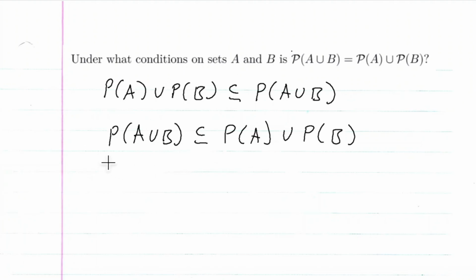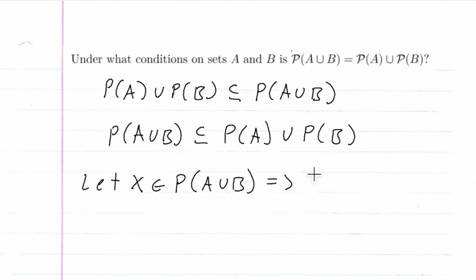Okay. So let's go ahead and start. Let X be an element of the power set of A union B, right? So this implies, by definition of power set, that X is a subset of A union B, right? So now this is the tricky part.